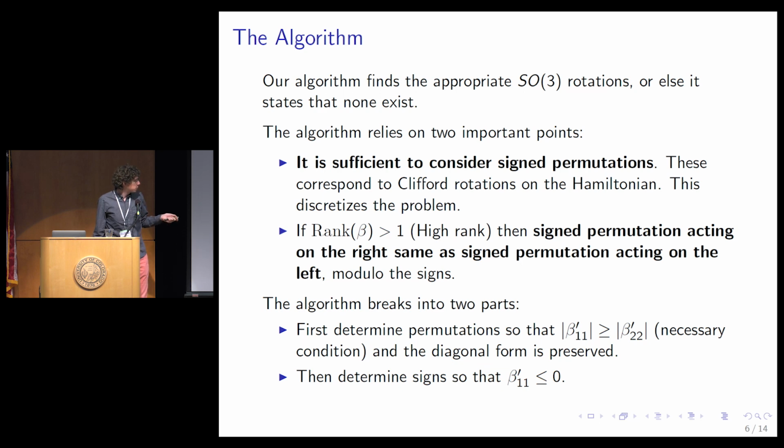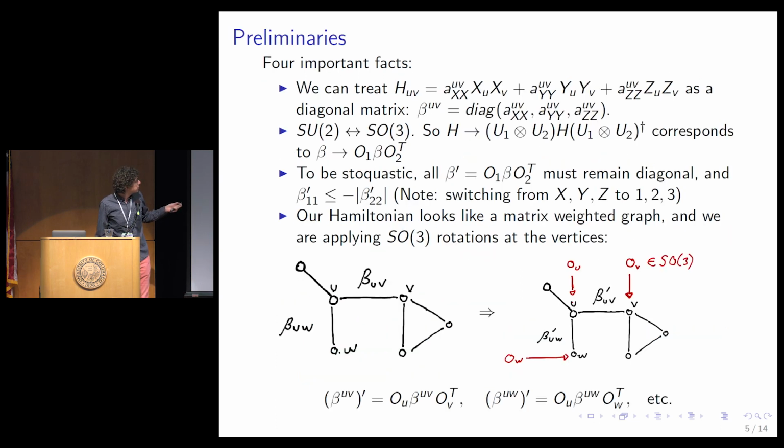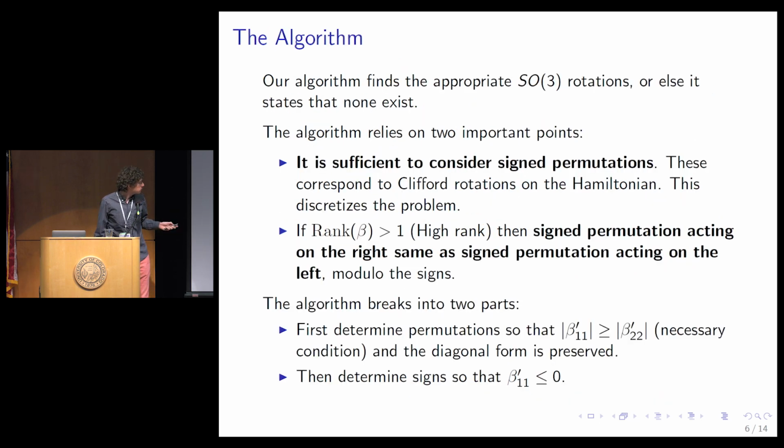The first part is to determine what permutations we need to assign to the vertices so that this inequality is satisfied, and this is a necessary condition, and also so that the diagonal form is preserved. And the second part is to determine which signs we can add to these permutations so that we can satisfy this inequality. And if all these conditions are satisfied, then we'll have satisfied this inequality and we'll have preserved the diagonal form of the beta matrix.